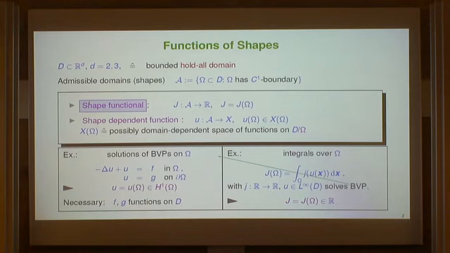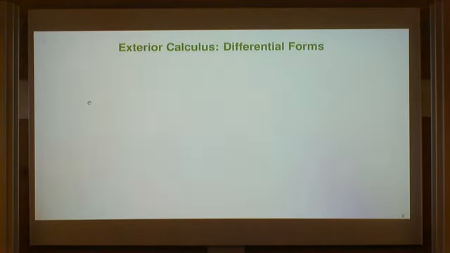When you have PDE-constrained shape optimization, then you encounter shape functionals like this that depend on the solution of a boundary value problem on omega, and so they themselves become functions on the shape set. So this is the context of shape-dependent functions. And now shape calculus studies the behavior of such functions under variation of shape. Properly speaking, it's differentiation with respect to shape.